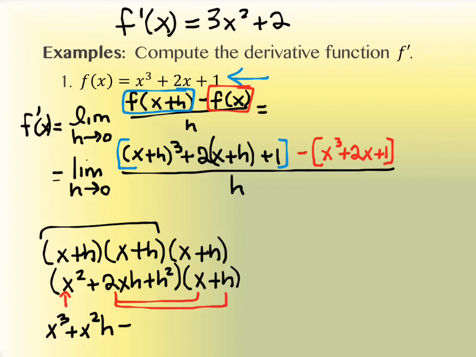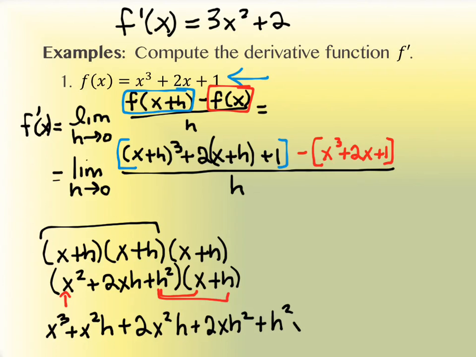So that's going to give me 2x squared h plus 2xh squared. And then we're going to take the h times the x and the h times the h. So I get h squared x and h cubed.